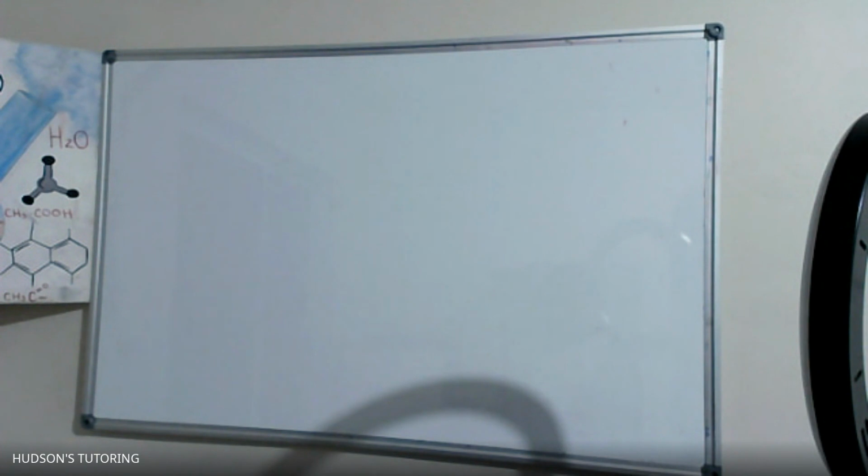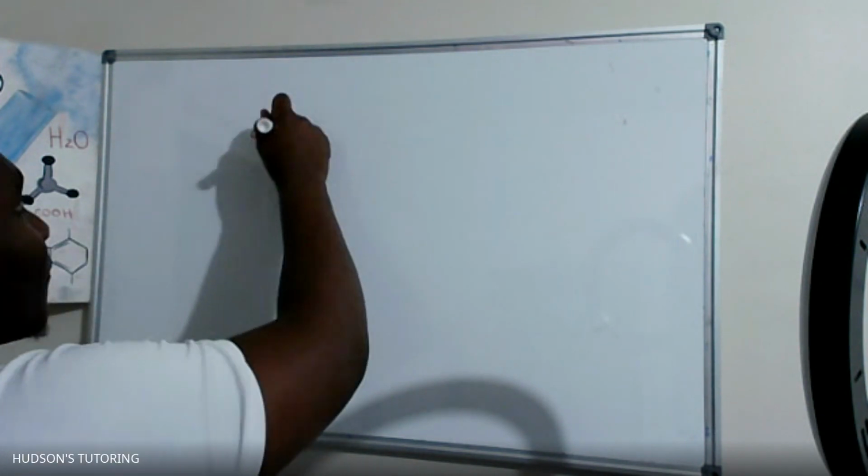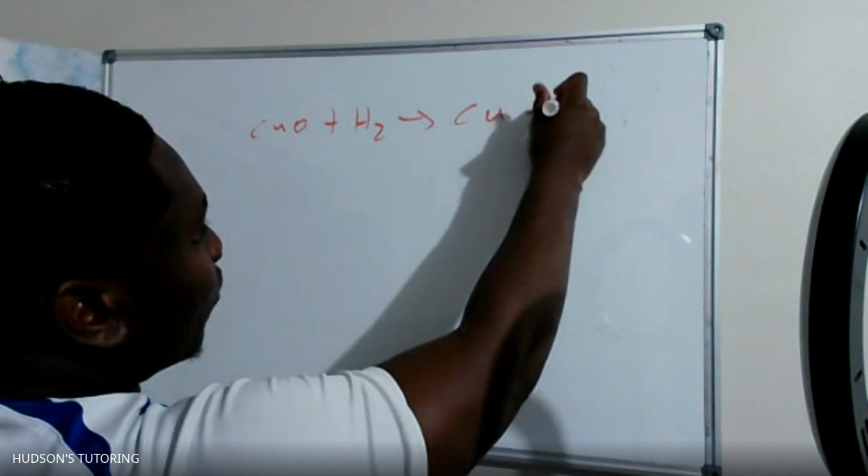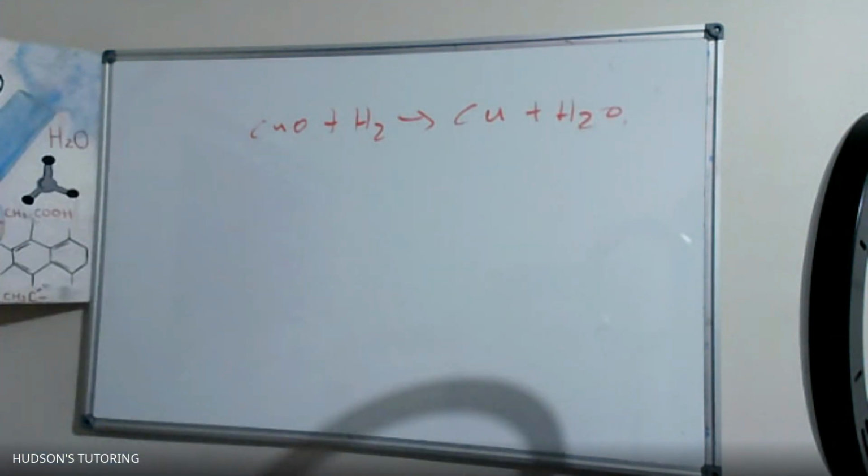Let's look at an example and investigate. If copper oxide reacts with hydrogen to produce copper and water, let's look carefully. We're going to define this in so many ways.